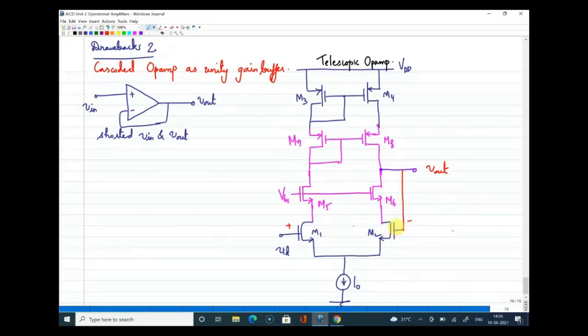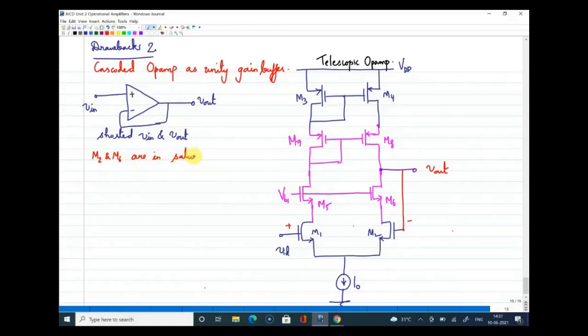All others will definitely be in saturation, but with this connection, transistors M2 and M6 also should not go out of saturation, so I should verify whether M2 and M6 are in saturation or not.